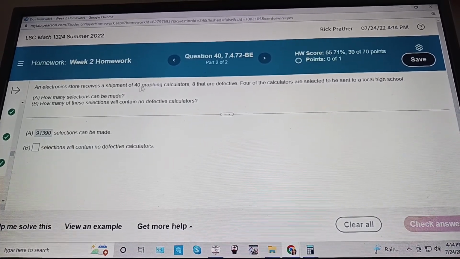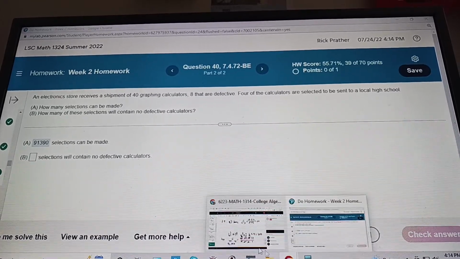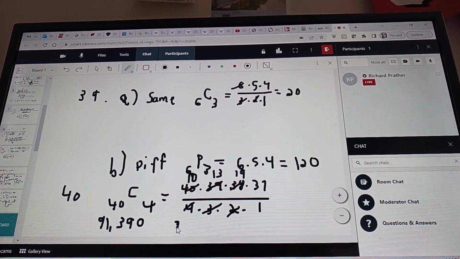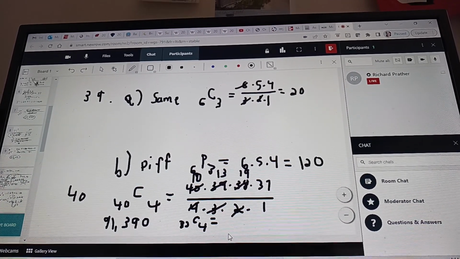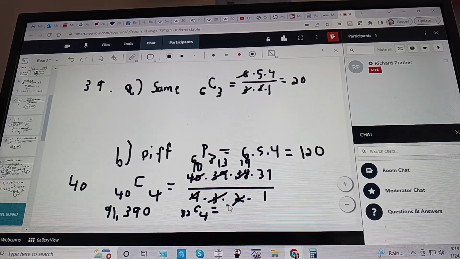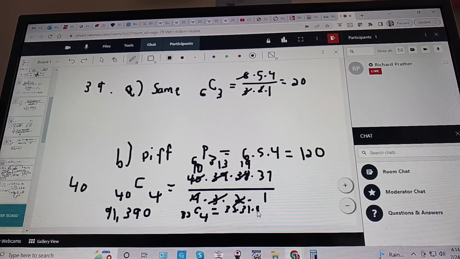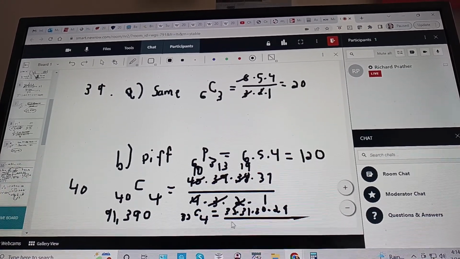You would just use 32 instead of 40. You're still going to choose 4 of them and send them to the high school. But it's 32 combination 4 if you take the 8 defective ones away. So that would be 32, 31, 30, 29 over 4, 3, 2, 1.